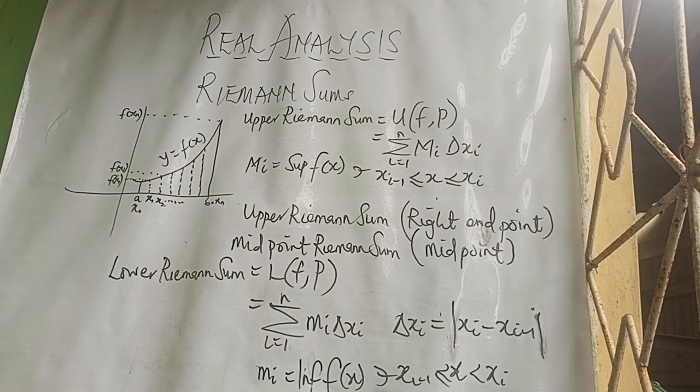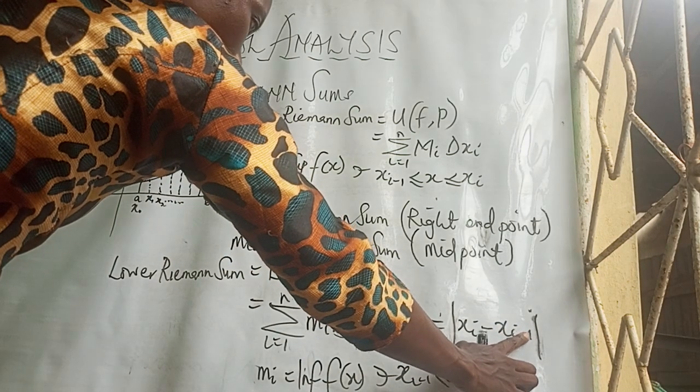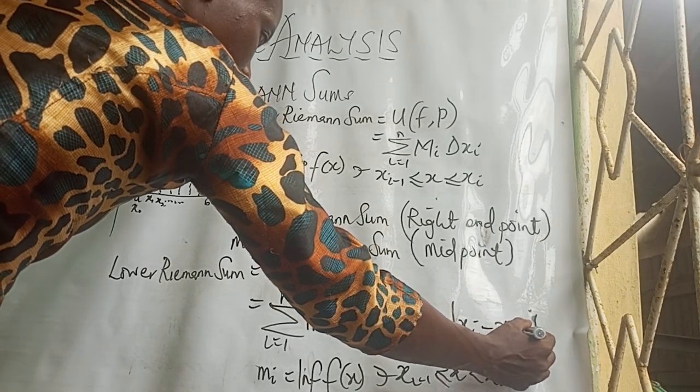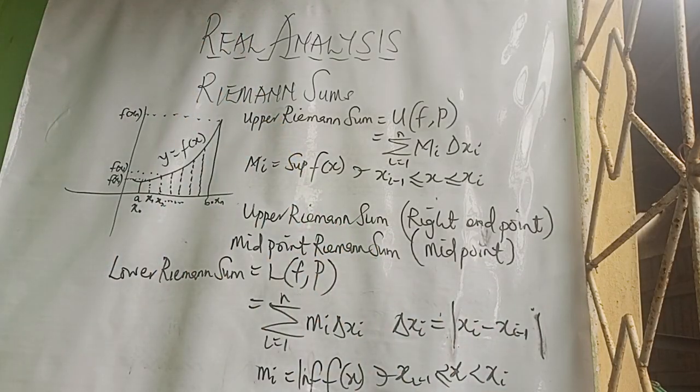Our delta xi still remains the width of the subinterval, xi minus xi minus 1.